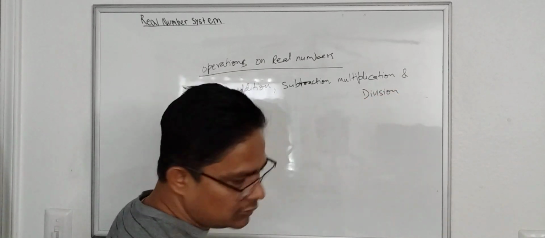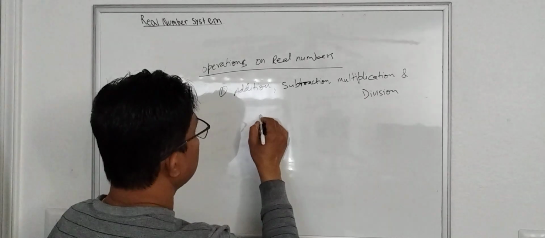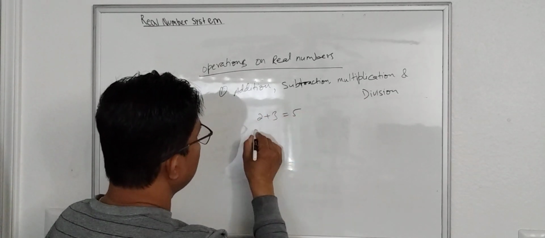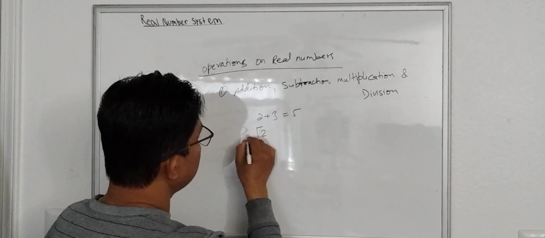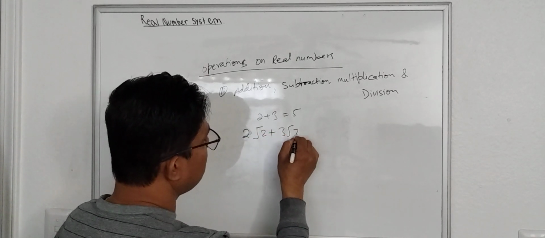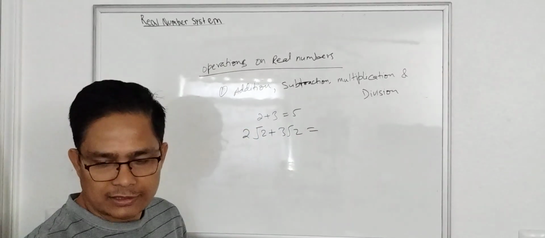You can apply all these basic operations. Let's say if I take 2 plus 3, it is 5. And then let's say if I have 2 square root 2 plus 3 square root 2, what will be the value? Look at the board.